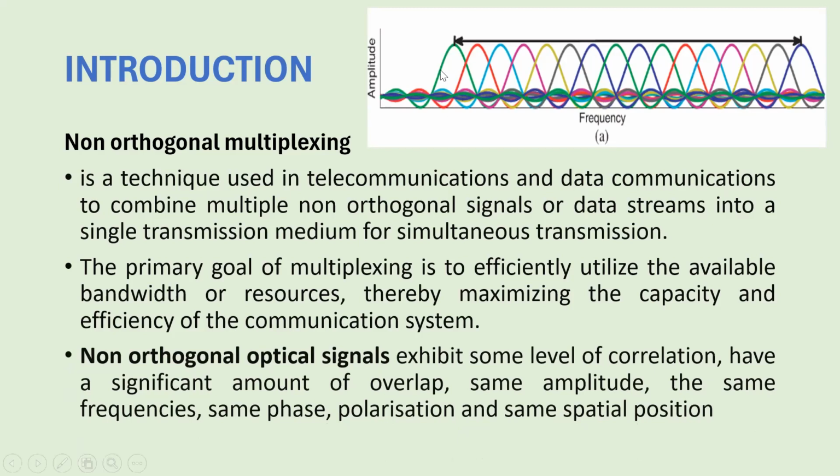Now, as you see from this diagram above, we see the characteristics of non-orthogonal signals. As you can see, they have the same amplitude, the same wavelength, the same frequency, the same phase, and the same polarization or orientation.